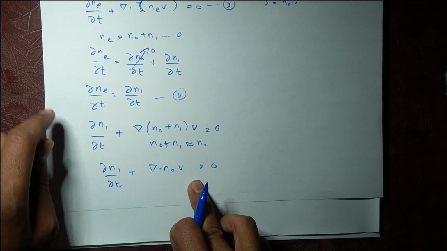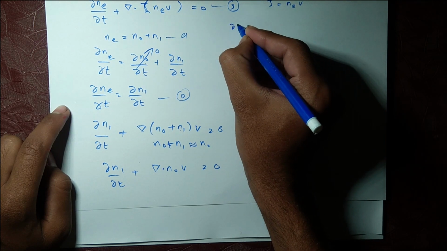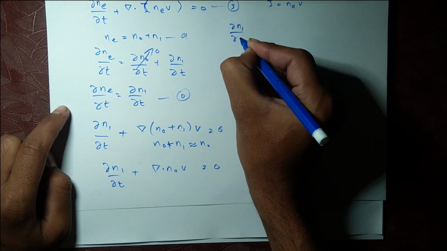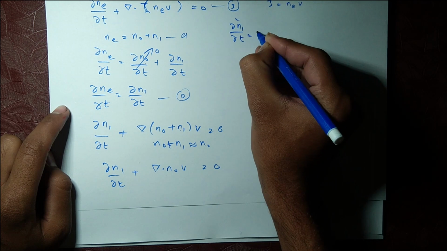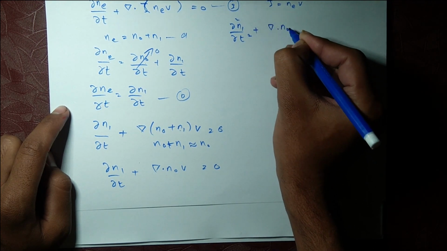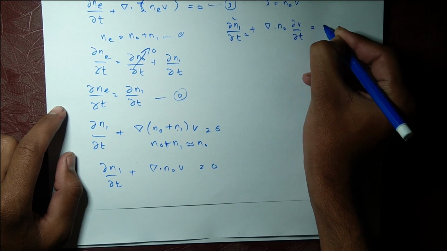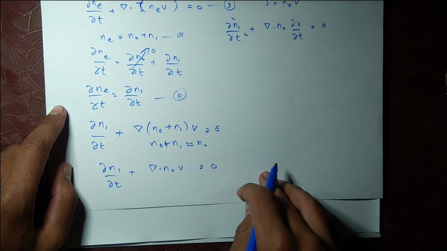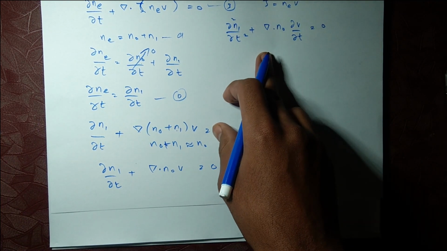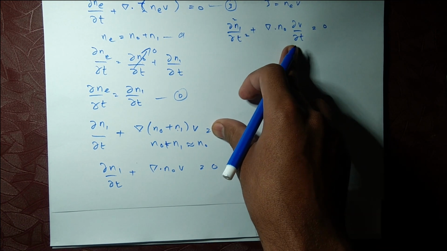So we get partial square of n1 by partial t square plus del dot n naught partial v by partial t equals 0. When we differentiate again, it forms an equation like this.